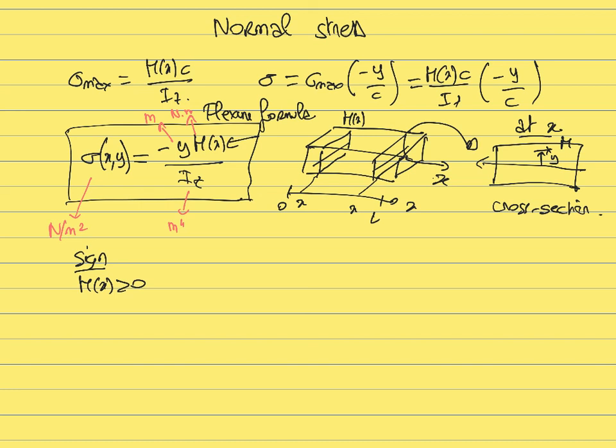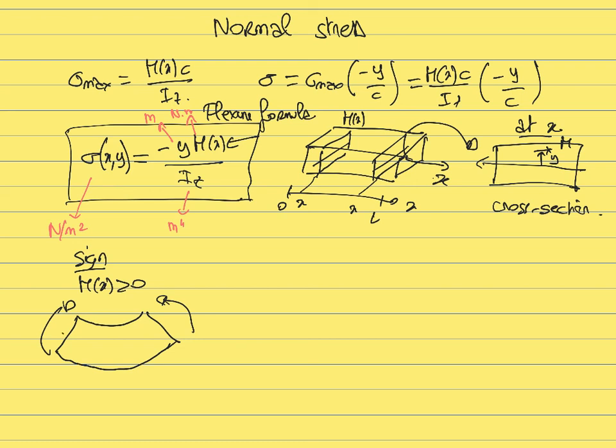So remember that the sign convention for the positive internal moment is that it's giving you a smiley face. So if you have a beam that locally is smiling like this, then it means that it's a positive moment. So that's the positive sign convention for the internal moment.